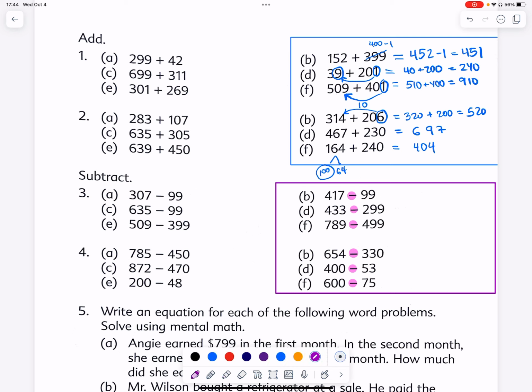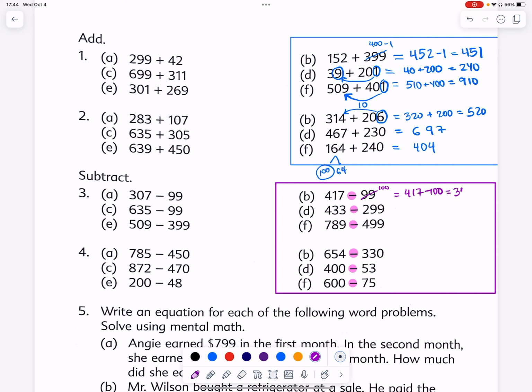How do we subtract 99, 299, 499? Well, I would suggest again, let's think of an easier number. 99 is not the same as 100, it's one less than 100. Let's go. 417 minus 100 is super easy.